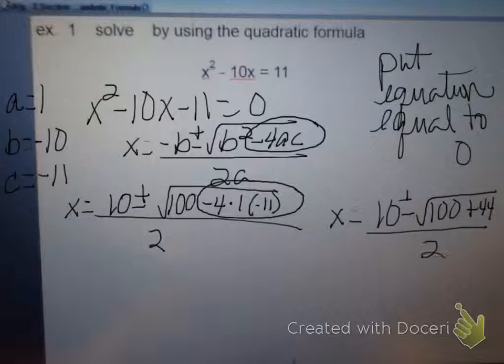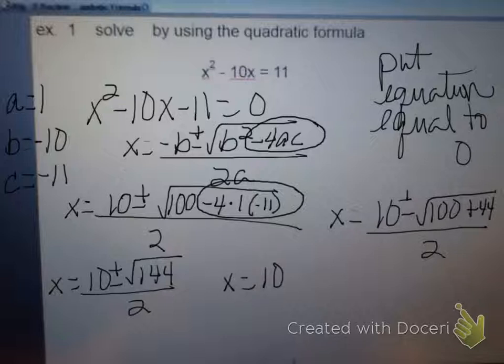all over 2. So that's x equals 10 plus or minus the square root of 144 over 2. The square root of 144 is 12. Now, if you can take the square root, you need to now separate it.